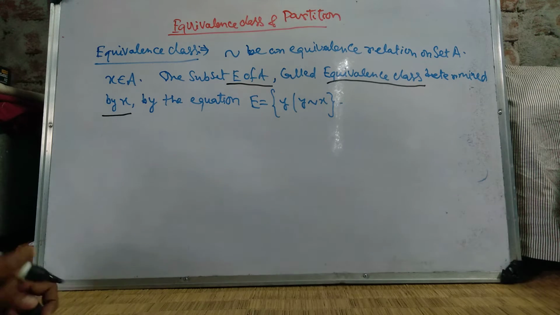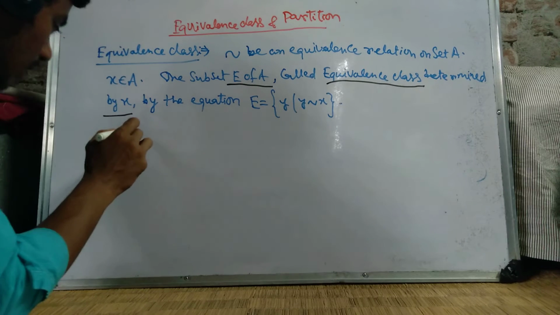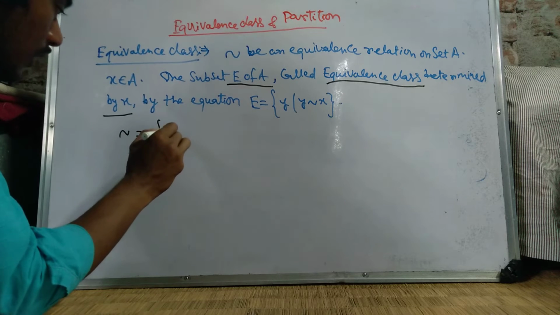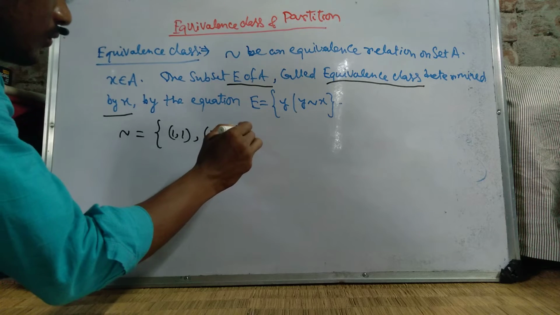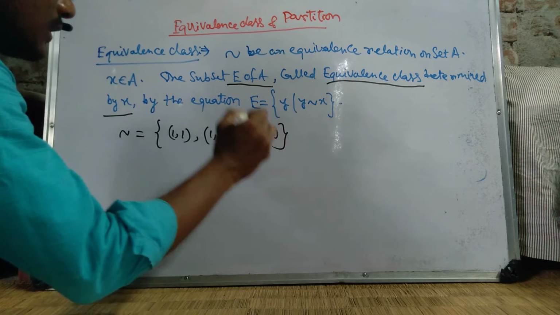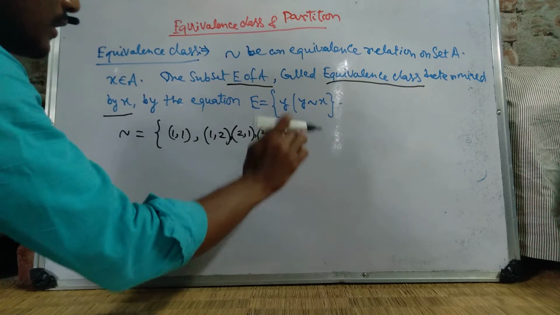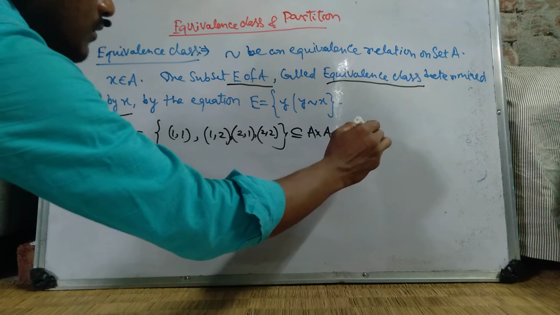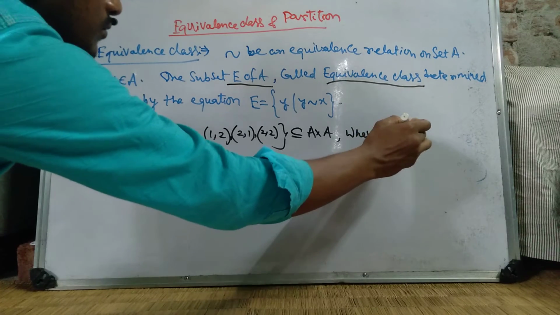Now let us define an equivalence class by an example. The relation is (1,1), (1,2), (2,1), (2,2). This is the relation, a subset of A Cartesian product A, where A equals {1, 2}.